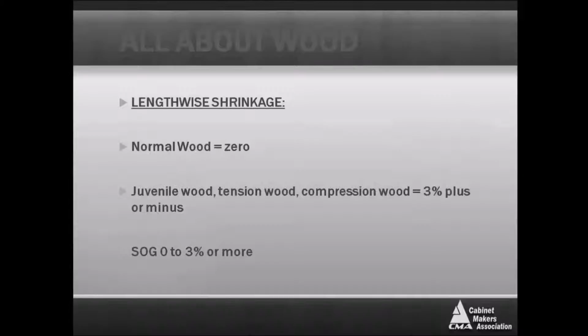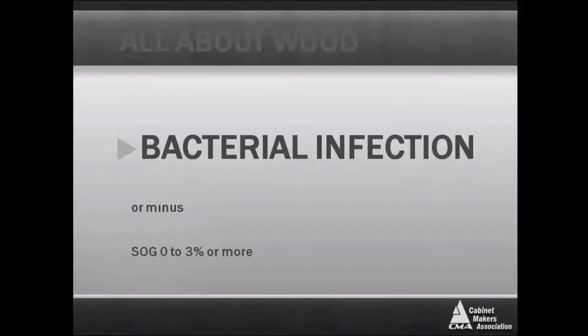Juvenile wood, remember, first 15 years of growth, tension wood in hardwoods, compression wood in softwoods can shrink like 3%, plus or minus. And then we can add to that the slope of grain. If the grain isn't perfectly vertical with the board, with the lumber piece that we have, but has an angle, then we're going to see some of that shrinkage lengthwise again due to slope of grain.